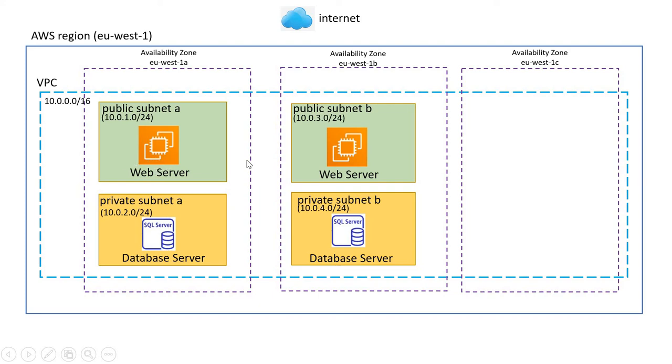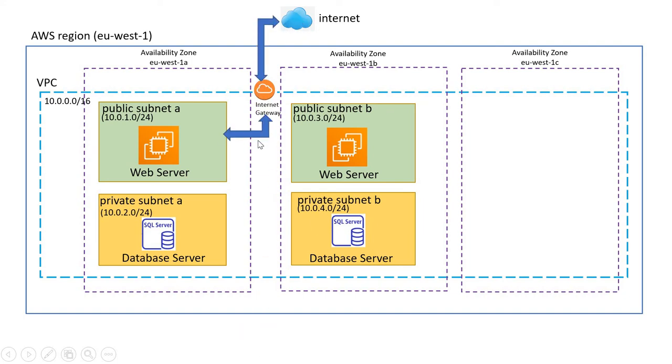Now we have a component called Internet Gateway. Internet Gateway is a VPC component which allows communication of our VPC with the internet. So this web server would need an Internet Gateway to interact with the internet.